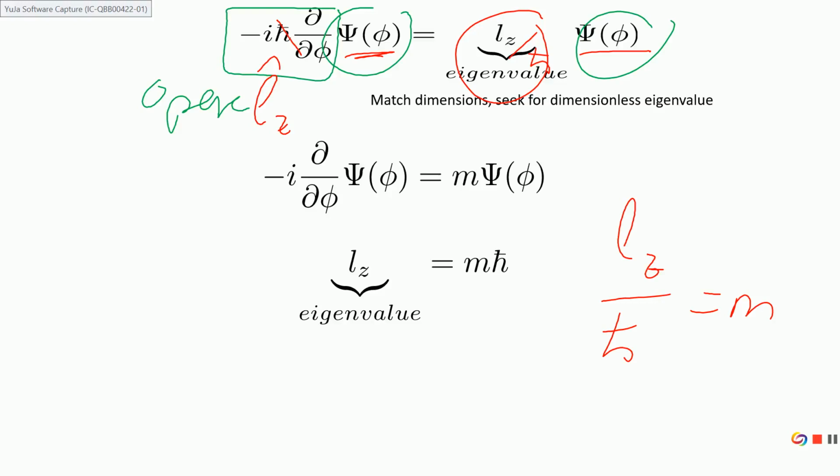So if you do this ratio, the result will be dimensionless. So this is our mathematical challenge, but I have no doubt that you can do it well. So first derivative of an unknown function equals an unknown eigenvalue times the function. And this defines m: multiplied by the constant, it will give the eigenvalue of the unknown element.